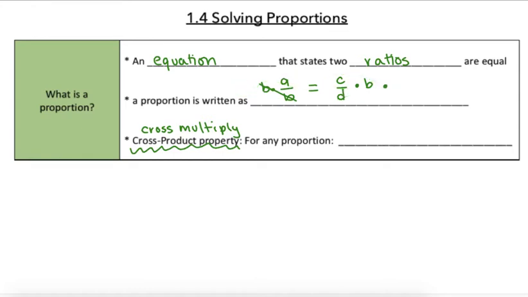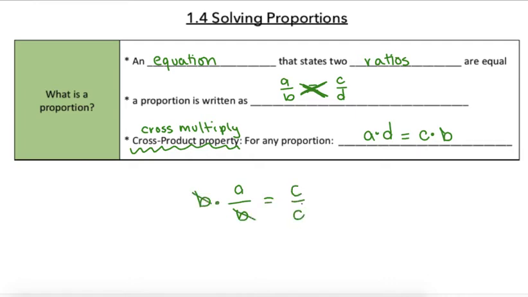If we look at this, the reason we call it cross multiplication is because what I'm going to do is cross out the denominator here, and I get C times B on this side. And it's equal to the cross of this side, A times D. It comes from our inverse operations that says we don't really like that B. So I'm going to multiply by B to get rid of it.